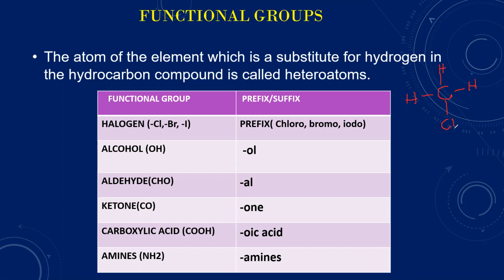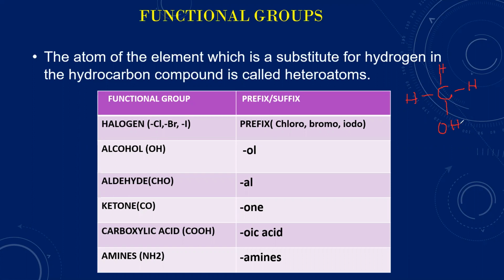Sometimes atoms or groups of atoms can come as a heteroatom. For example, if chlorine is there, only one atom is there. If the hydrogen is replaced by OH, here a group of atoms is there.